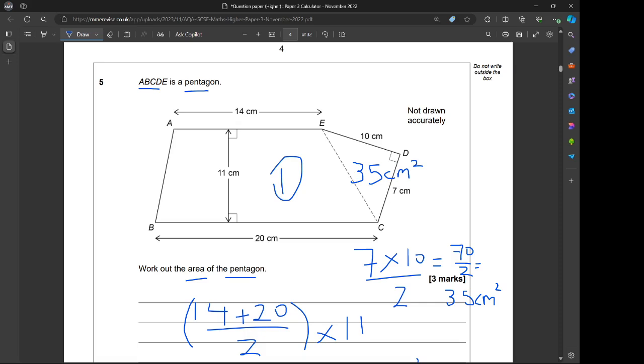So we've got 187 centimeters squared plus 35.